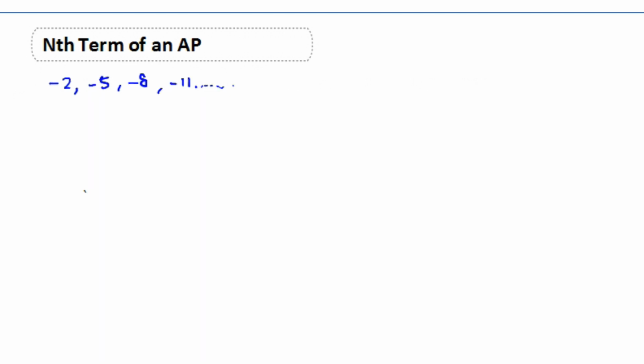I've got this sequence here, and the first thing that we need to know is whether this is an arithmetic sequence or not. One property of an arithmetic sequence is that there is a common difference D between each of the terms. Like I told you in the last example, we need to take any term and subtract the previous term out of it.